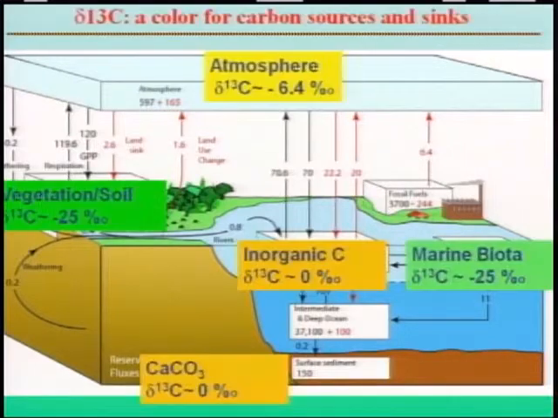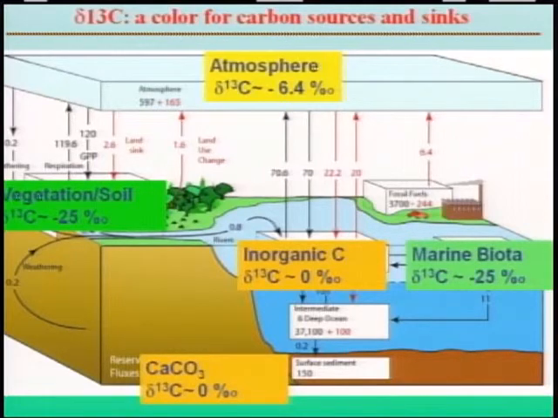And the way it is useful is simplified here by adding this isotopic signature to the different reservoirs. And so by oversimplifying the story a bit, I could say, okay, we have organic material in vegetation and soil or in marine organic matter that is depleted in delta C13.